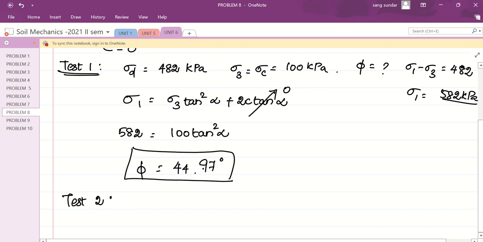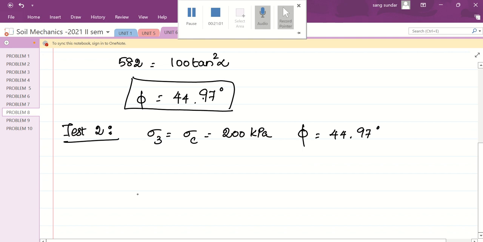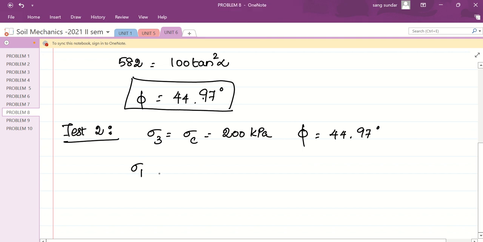Fine. Now let us move on to test 2. Test 2 is performed on a similar sample, but at a confining pressure sigma 3 or sigma c of 200 kPa. The sample is the same, so our phi value is the same, because phi is a material property. Since it is the same material, we consider the same phi value. Now, sigma 1 equal to sigma 3 tan square alpha plus 2c tan alpha.